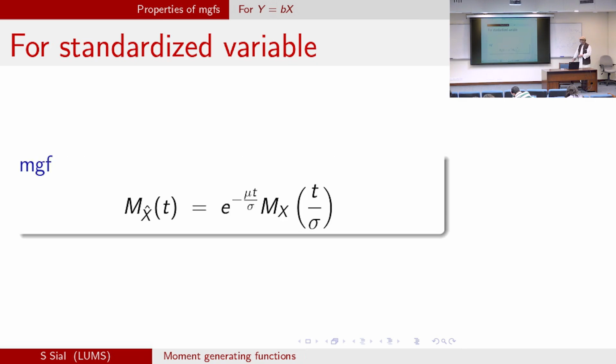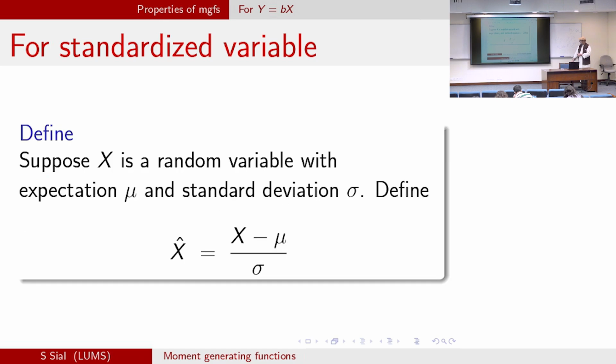So what's the MGF for the standardized x? Well, we apply the previous two rules. We apply the rule for adding a constant, and we apply the rule for multiplying by 1 over sigma.